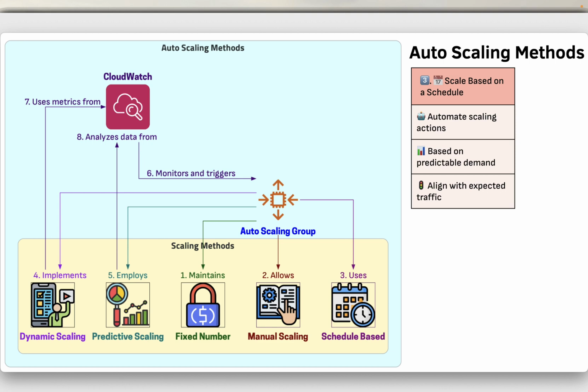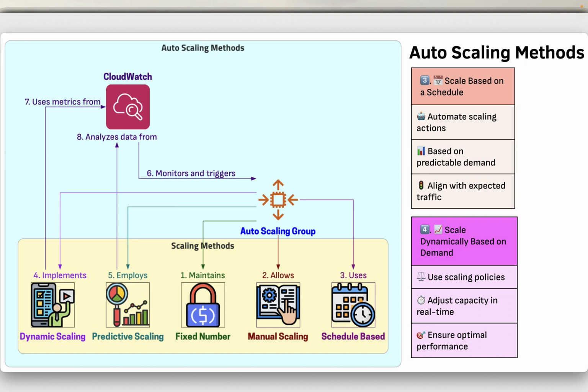Third, automatic scaling action based on predictable demand patterns, aligning resource availability with expected traffic. You can utilize scaling policies to automatically adjust capacity in real time, ensuring optimal performance amidst fluctuating demands.